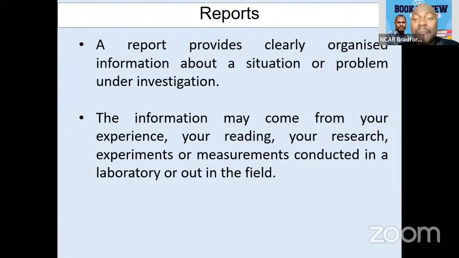And you should present and make recommendation. So the information may come from experience, your reading, your research, experiment, measurement conducted in laboratory or out in the field. Sometimes the science students also use this. They will give them a scenario and they will ask you to report about it.